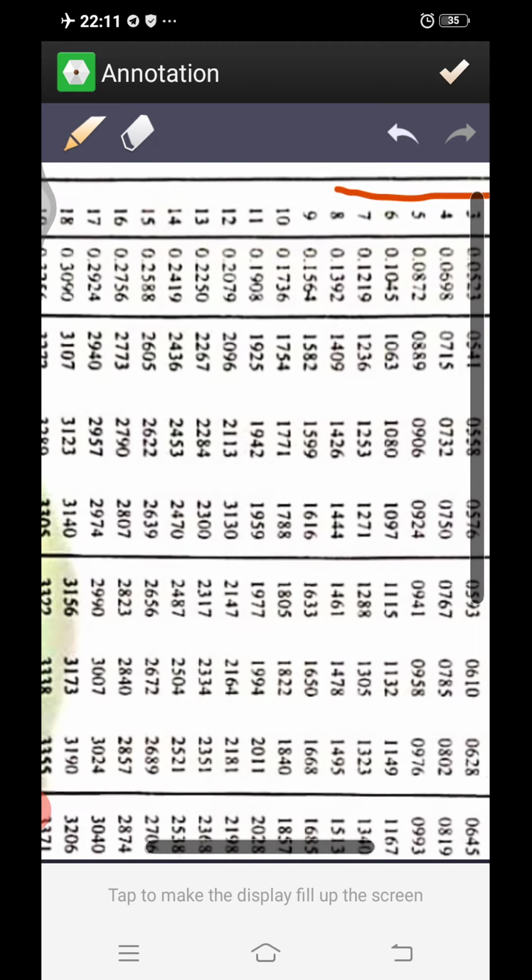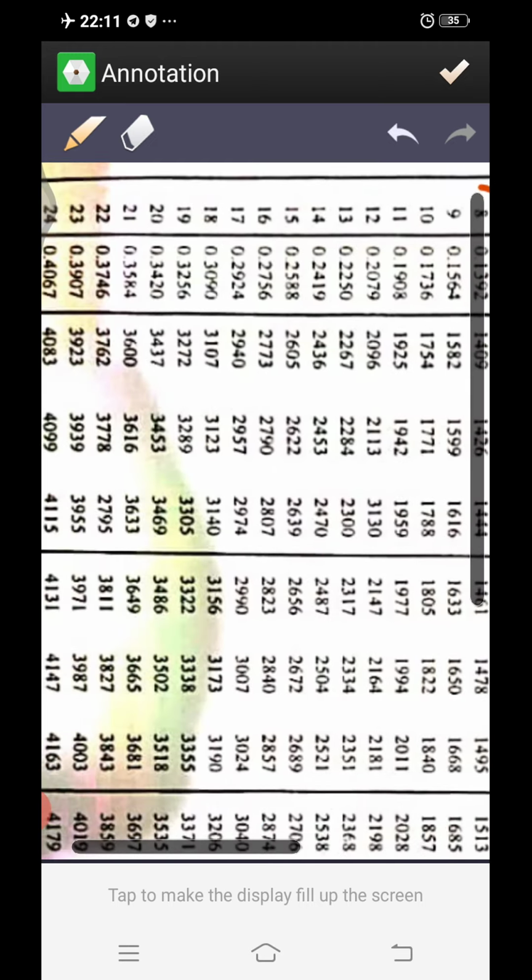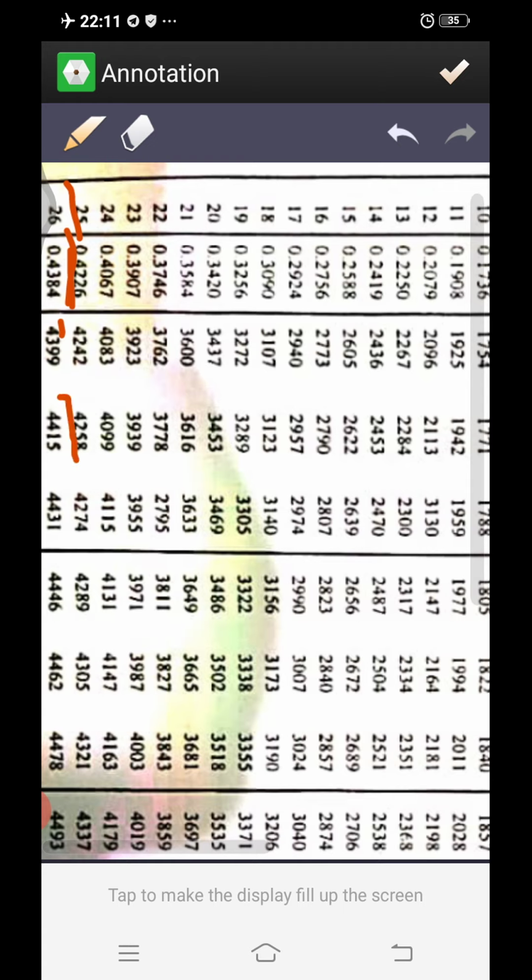Where that intersects, you can see 25 degree and 12 minutes: 0.4258. So we will write the value of sine 25 degree 12 minute equal to 0.4258.